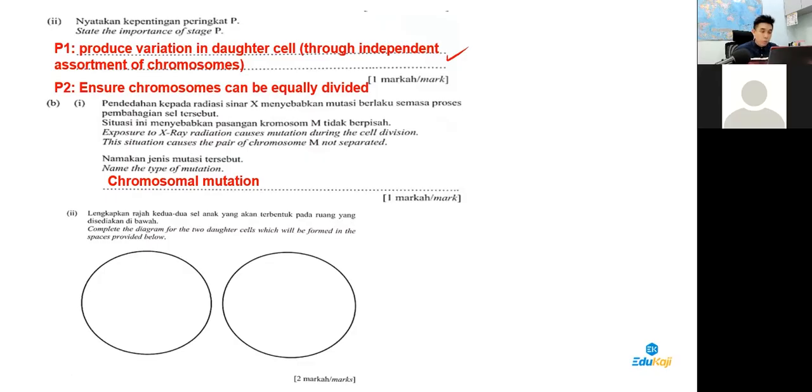So guys, when you copy this, what you can probably draw is, let me see the diagram again.